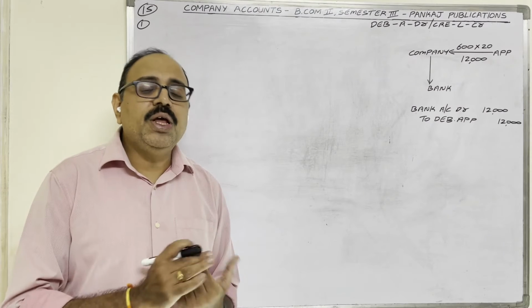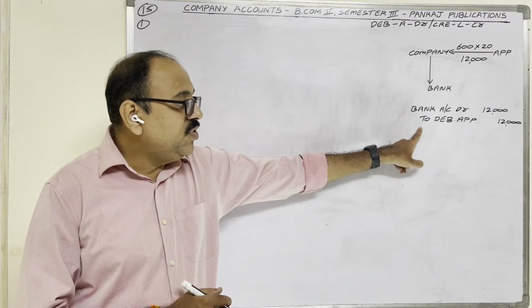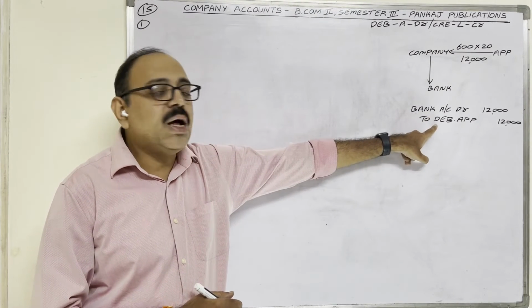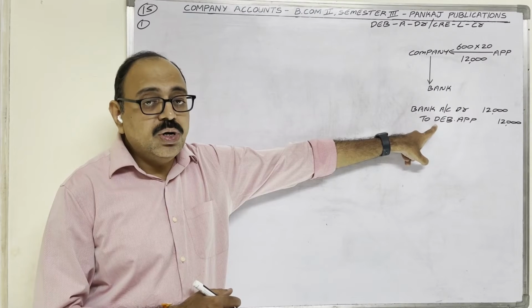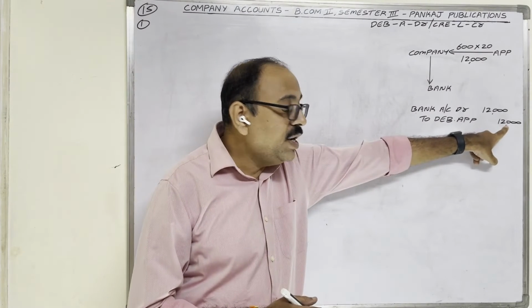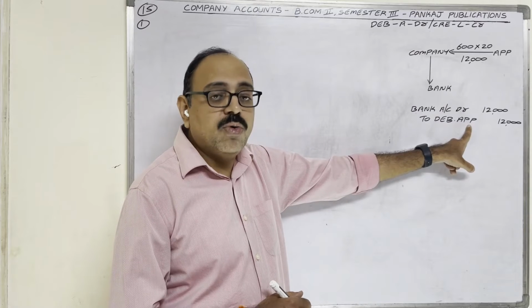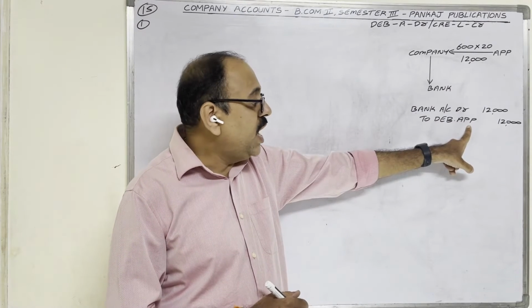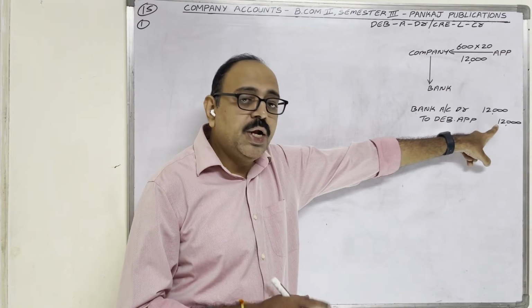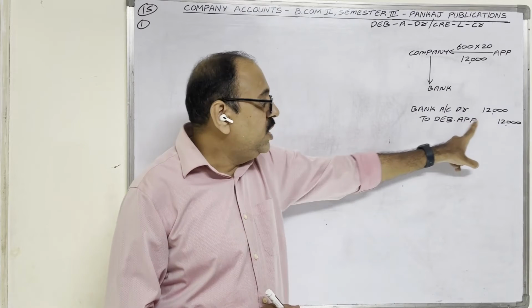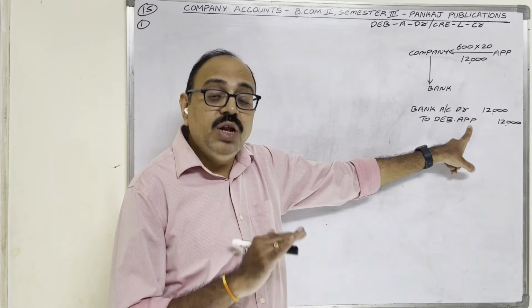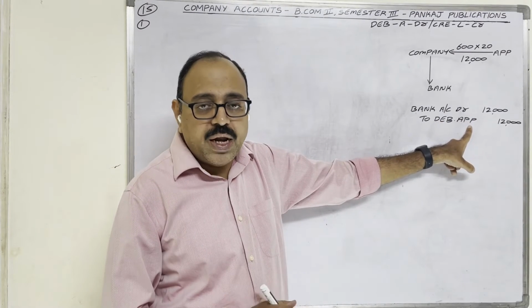For receiving application money, we wrote this entry: bank account to debenture application account. Here we wrote that applicants are creditors for 12,000. That is why debenture application account is created. When we transfer this application money to debenture account, this debenture application account will get closed. Now they are not creditors.